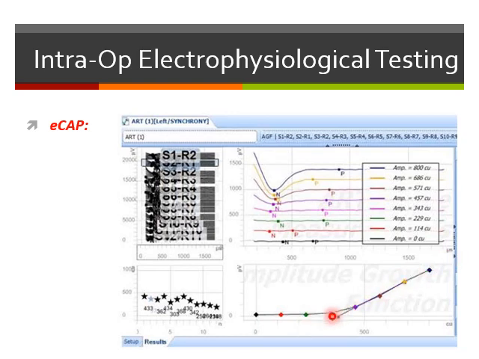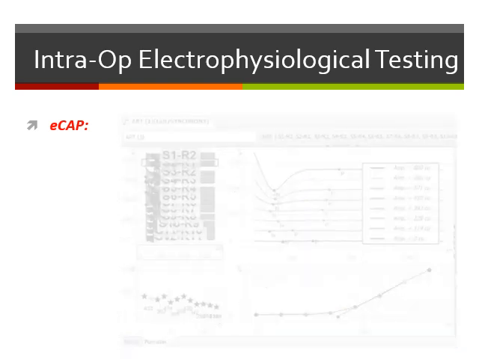This is what we call the growth function. This is an excellent response. As the growth function is linear like that, and the configuration of the ECAP has a negative and positive peak like that, this is the optimum ECAP that I can gain in a more or less straightforward surgery.